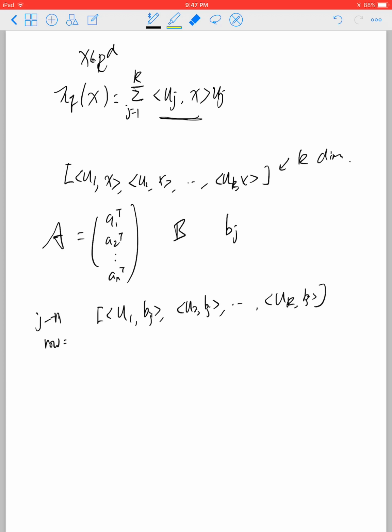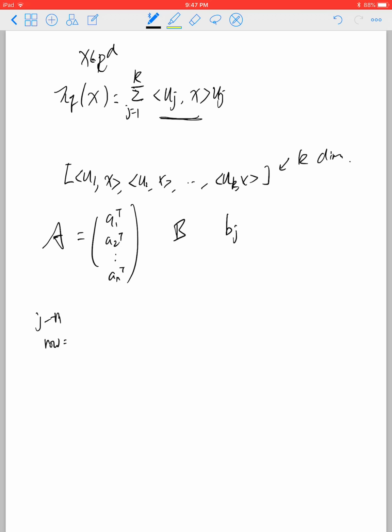Then if we can find the best k bases that determine F, that is, if we can find U1, U2 to Uk which minimize the SSE, then we can obtain the low rank or low dimensional representation of x by using the projection length on each basis.